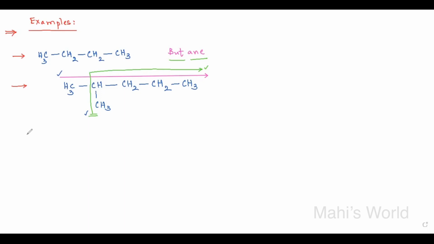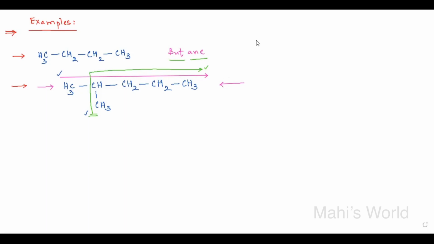But my point is, if suppose you go this way, then the numbering will be from which end? Whether to give numbers from this end or from this end.